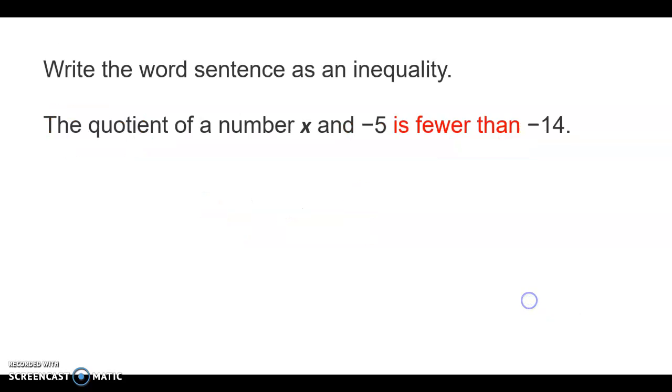So the next one, quotient. Quotient is division. So the quotient of a number x and -5. I like to write it this way: x divided by -5 is fewer than.